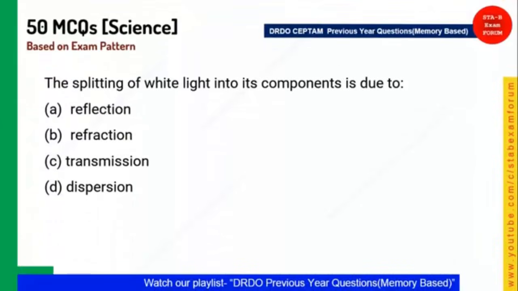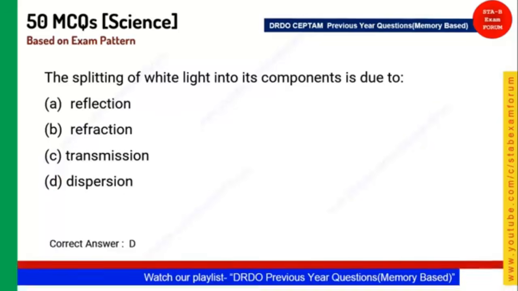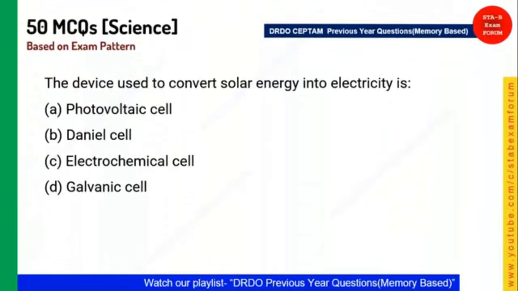Quickly coming to the next question. The splitting of white light into 7 colors is due to what? Just now we have seen a question on dispersion, and the answer for this question is dispersion. Quickly coming to the next question. The device which is used to convert solar energy into electricity, what is it called? A very simple one, student.